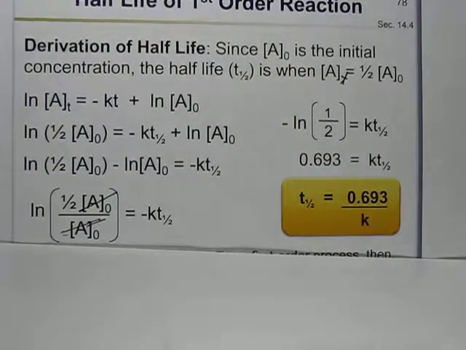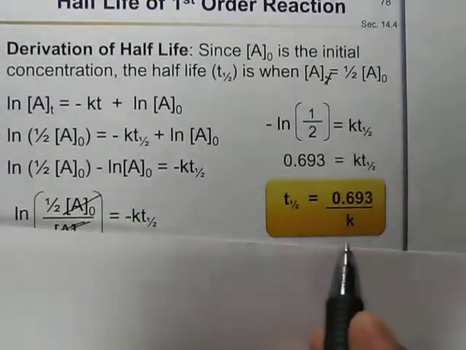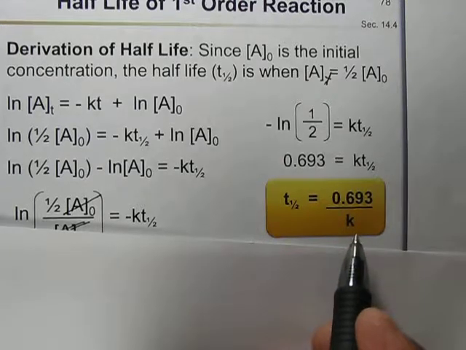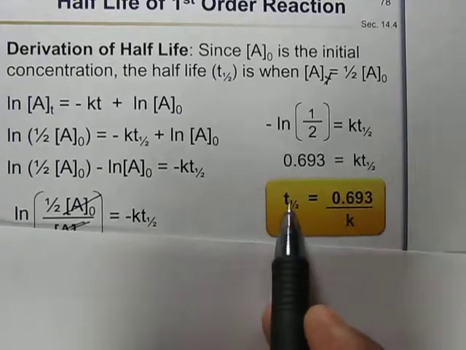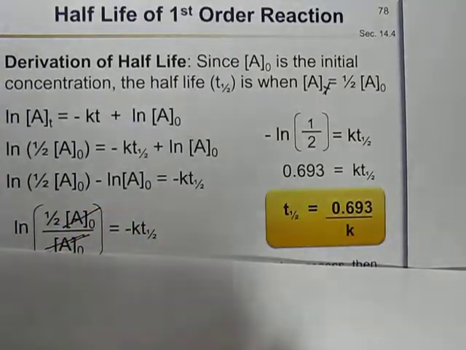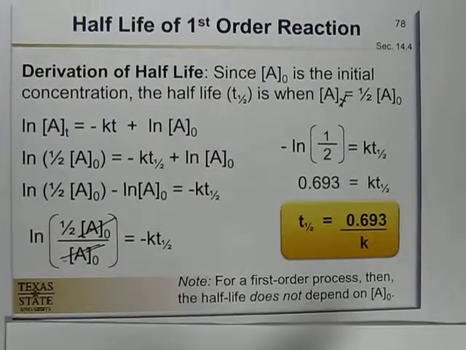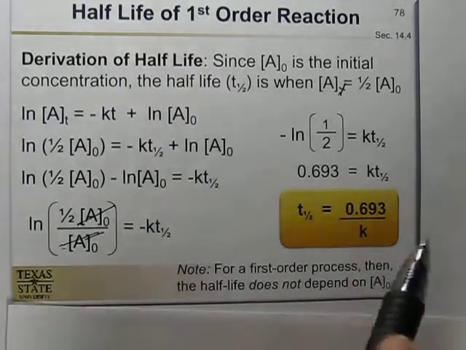So from this equation, t half equals 0.693 over k, we get the relationship that if you know the half-life, we can calculate the rate constant, or if you know the rate constant, you can get the half-life. So this was the derivation of the equation, showing the relationship between the half-life and k.